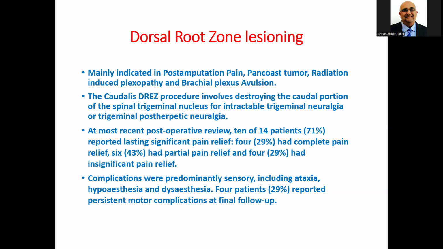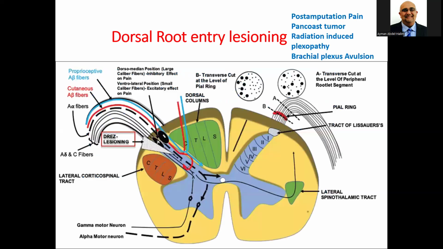Now, with this procedure, you might have some complications. And again, the main complications are sensory, like ataxia, hypesthesia, and dysesthesias. Okay? Sometimes you will have motor complications, but mainly because we're targeting the dorsal root entry zone lesioning that's away from the motor fibers, usually the complications here are sensory in nature.